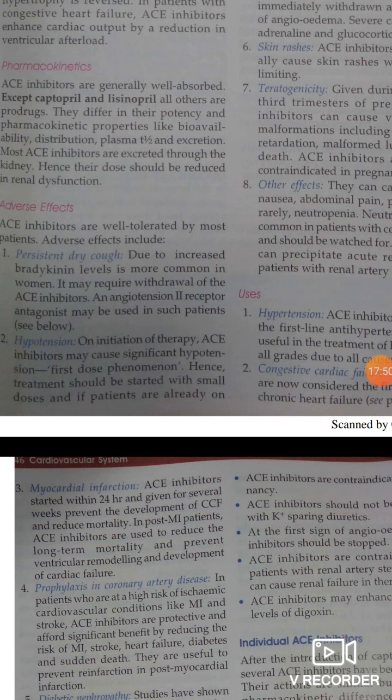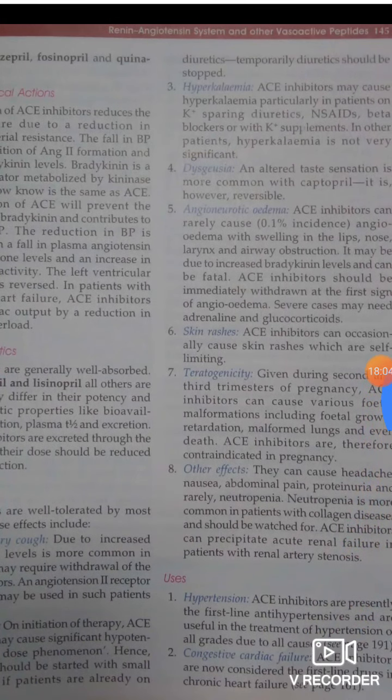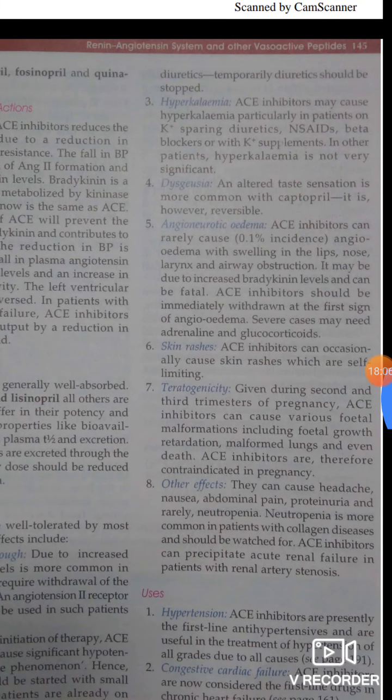Initially there is a significant reduction in blood pressure, right? And this is called the first dose phenomenon. So the treatment should be started with a small dose, and if patients are already on diuretics, then the diuretic should be temporarily stopped. Otherwise, this hypotension will worsen, right?